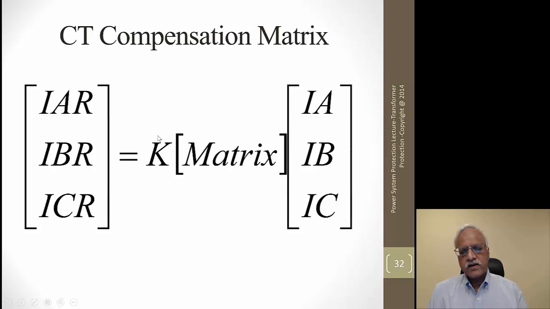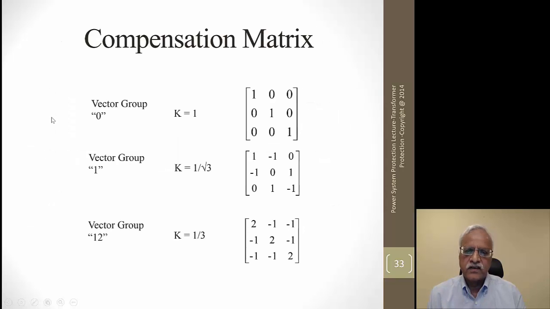K is a number here, and then you have a matrix based on your designation of the winding, 1, 2, or 5, or 7, or 11. Based on this matrix, this is applied to your CT secondary current. So the CT secondary current is modified with this magnitude and also with the matrix to get the relay current that is used for differential protection.